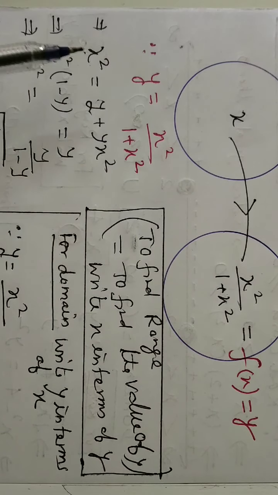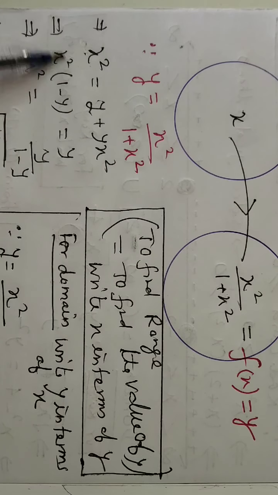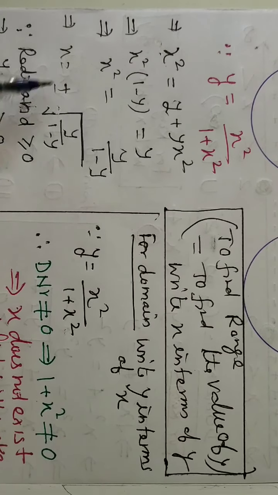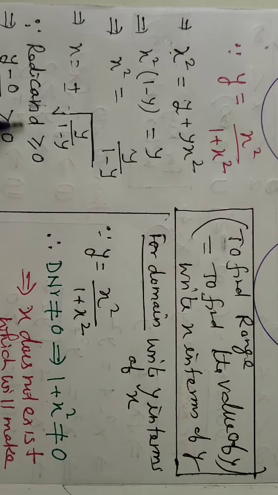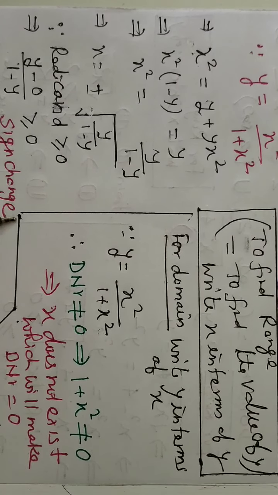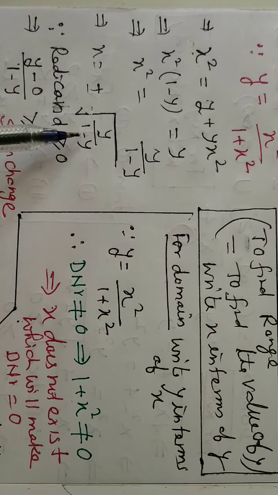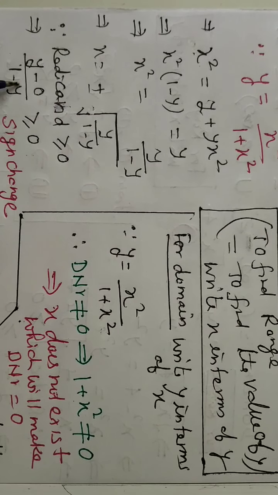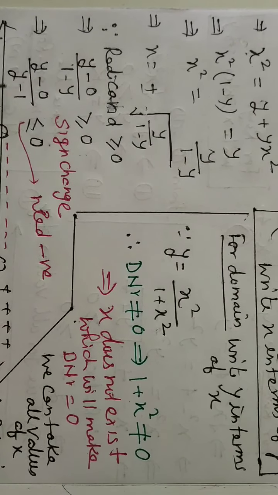To find the range, we express x squared by cross multiplying, and we find the value of x is equal to this. Since the radicand is more than or equal to 0, write y minus 0 by 1 minus y more than or equal to 0. But remember that the denominator is not in standard form. So we have changed the sign of the denominator, then this sign will also be changed.